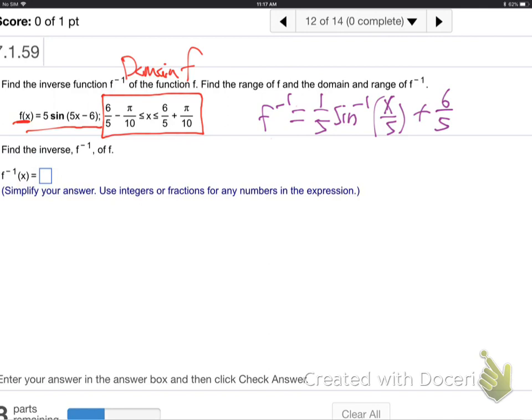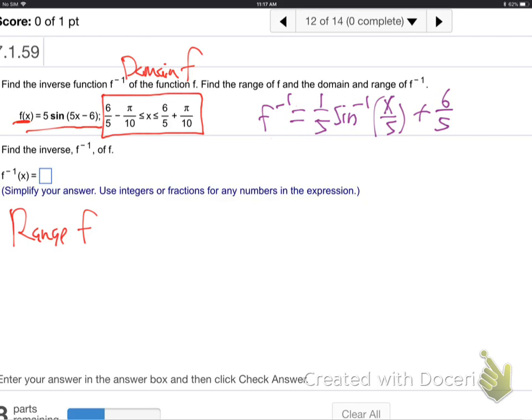Now, first thing they want to know is the range of f. Let me give you a second. See if you can find the range of f. So what's the range of f?